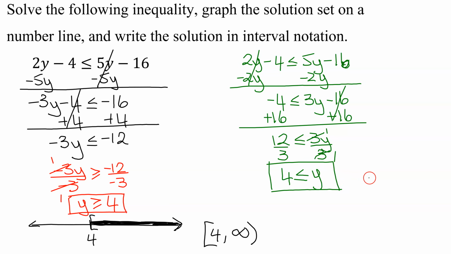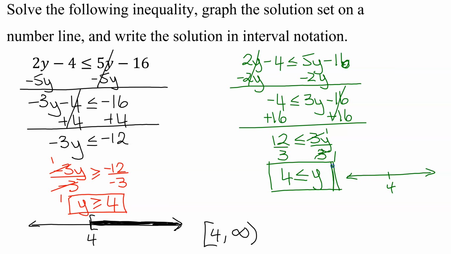However, when they come to graph it, they put their 4 on the number line and they go 4 is less than or equal to y, and they're so tempted to shade here on the left-hand side of the 4. But remember, if we read this, you always read it from the variable, and this says y is greater than or equal to 4. And the best way to make sure you don't mess up on that is you reverse the inequality.